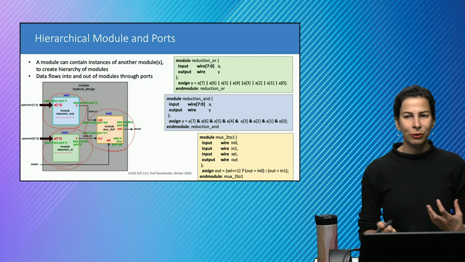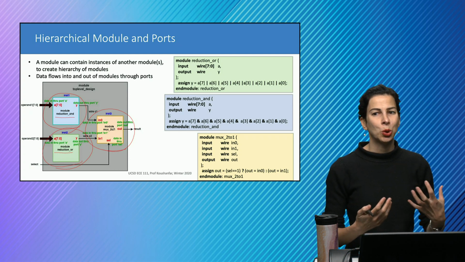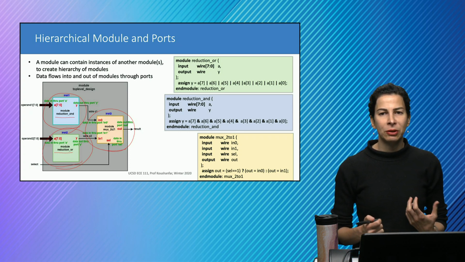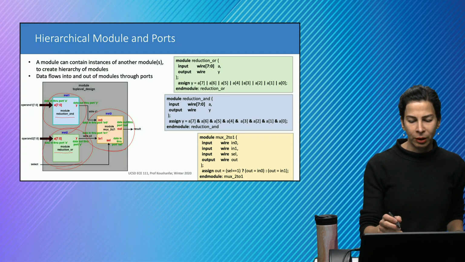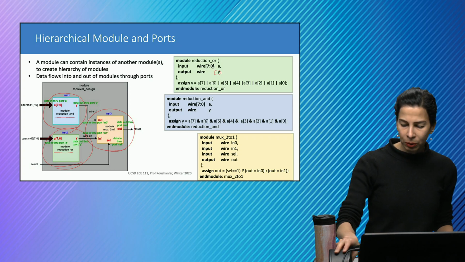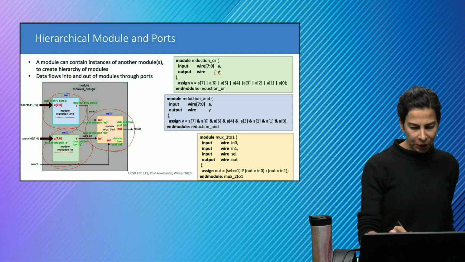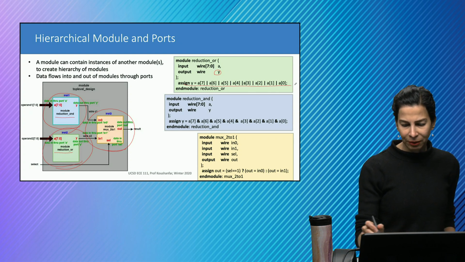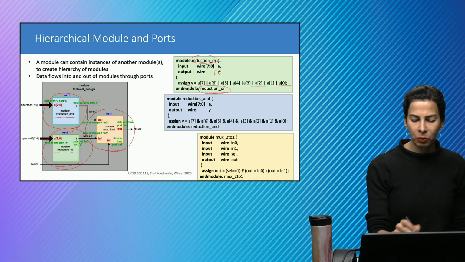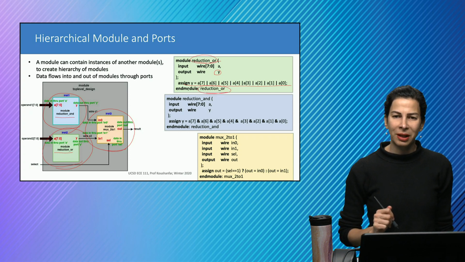This is of course a very simple example just to show you the interfaces. Now I define my reduction OR module, which has an 8-bit wire input and a wire Y output, which is basically 1 bit. There is a combinational function that relates the input and output. And of course, the module is instantiated with module and endmodule.